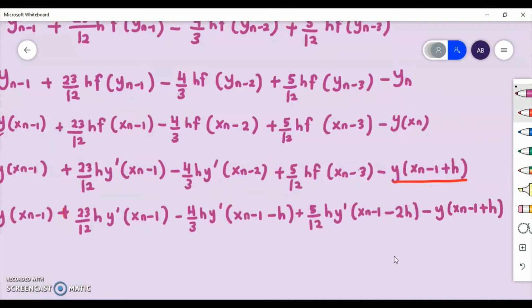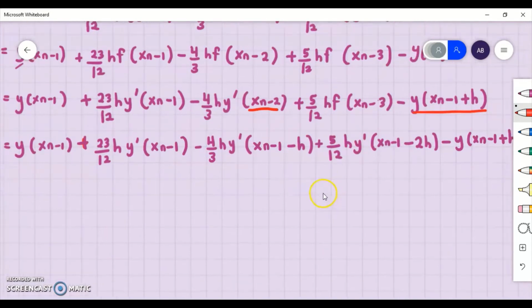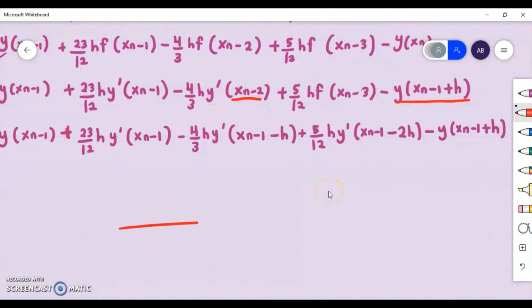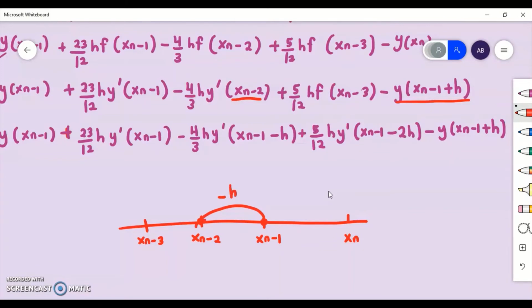Okay, for those of you who are not sure why we get from here to this term here, I can just do a quick sketch and explain all the points. So we have here x_{n-1}, we have here x_n, we have x_{n-2}, and x_{n-3}. For this term here, y prime x_{n-1} is here, so I'm not going to expand this at all. But for this term here, x_{n-2} is this point, so I can choose x_{n-1} minus h to get to this point.